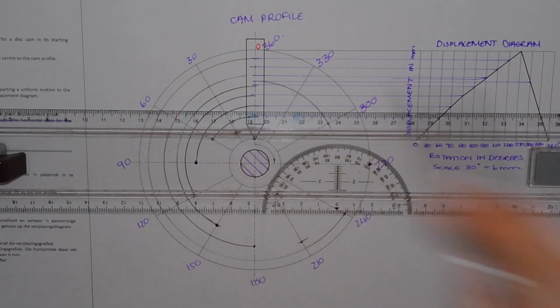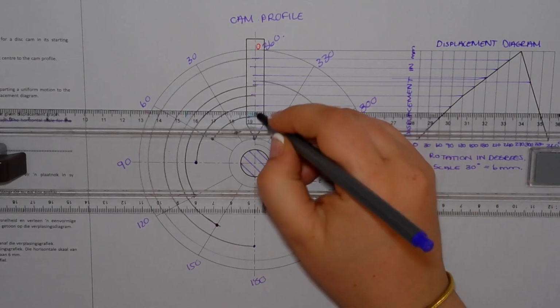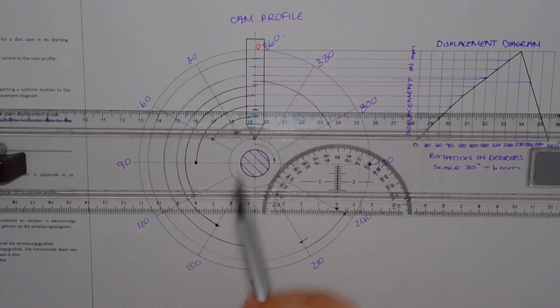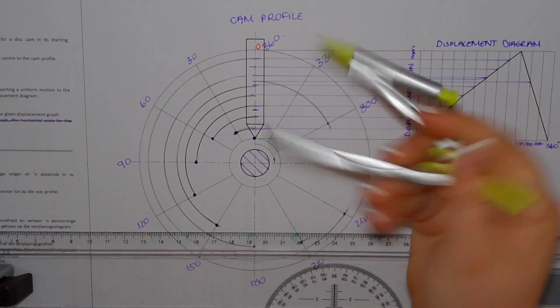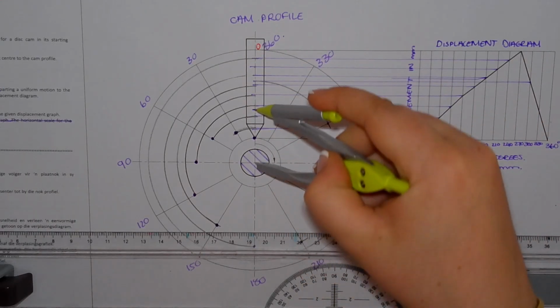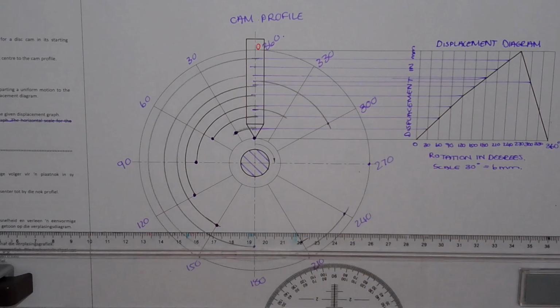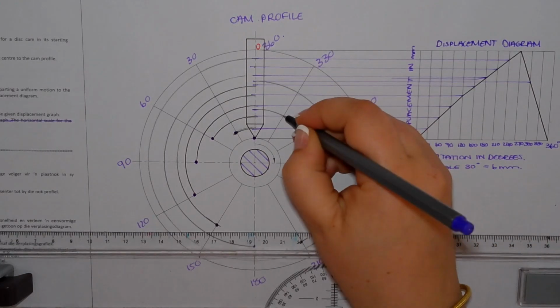If you have so many lines that it's getting difficult to see where you are working, I like to just make a mark. Then I don't have so many lines. Then you can open up to that mark that you've made. That will be your next point.